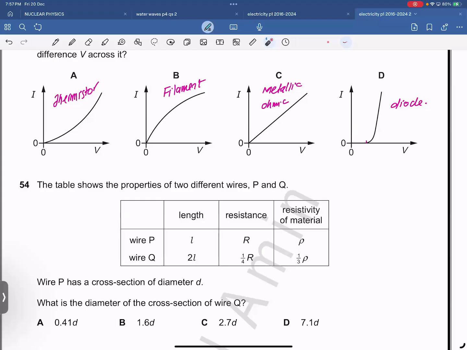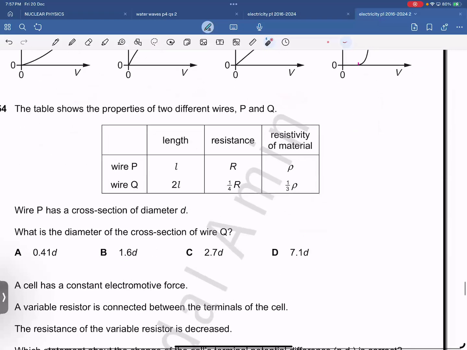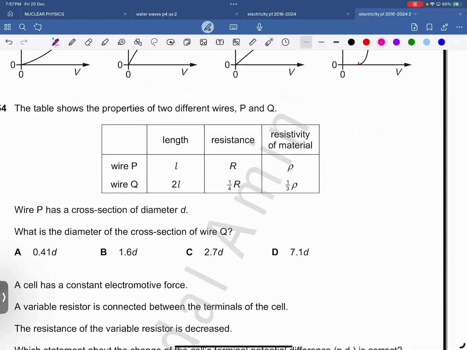I can easily relate with the resistivity equation, my dear students. This is for the wire P, and I will write in terms of diameter.